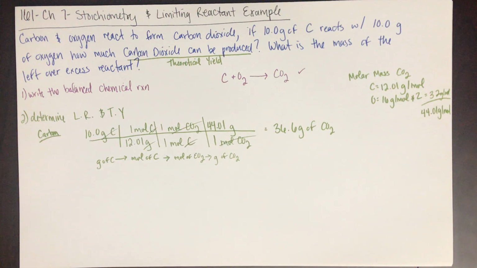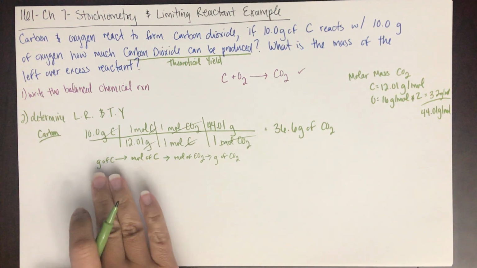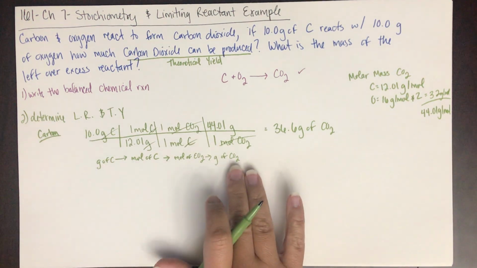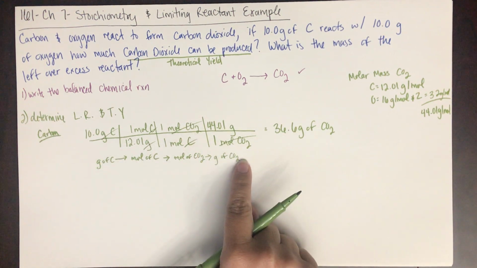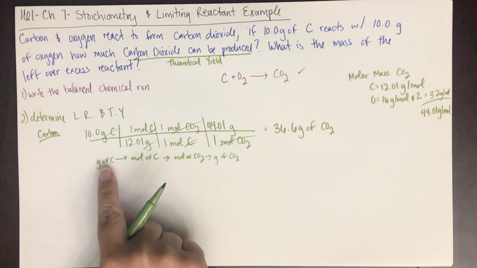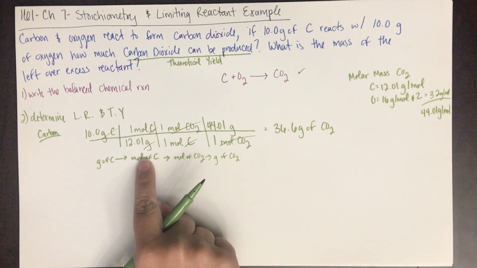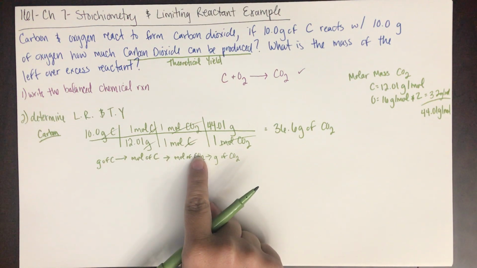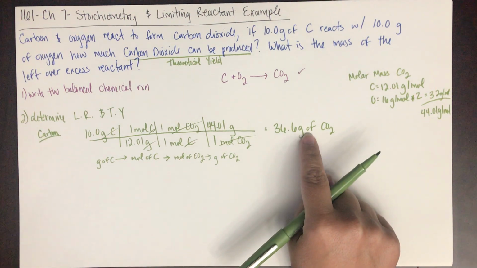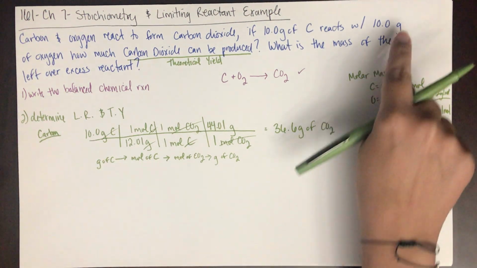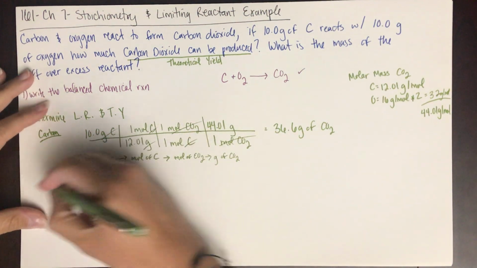This just shows you the path that you take to go from grams of one substance to grams of another substance. You can't convert from grams of carbon to grams of carbon dioxide directly because they have different molar masses. So this is the mass of carbon dioxide we can make with 10 grams of carbon. Now we need to do the same thing with 10 grams of oxygen.